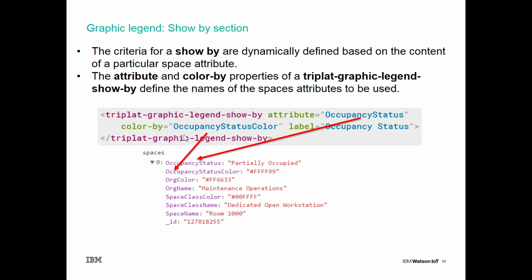We also need to set the color by property that will have the name of the attribute that has the color for that occupancy status. In this example, the color by property has the value occupancy status color.